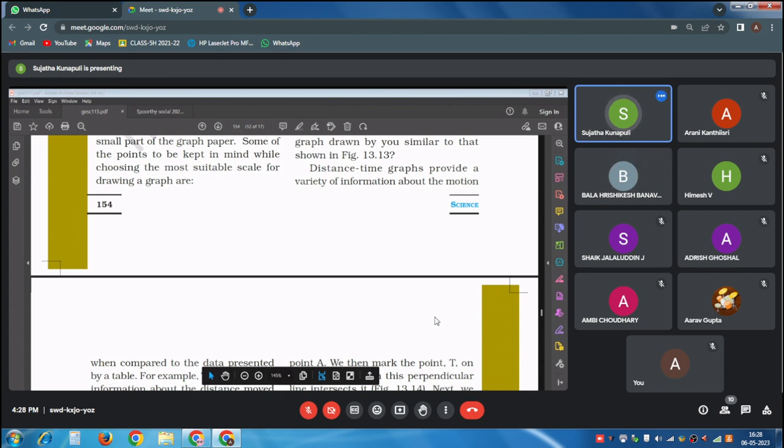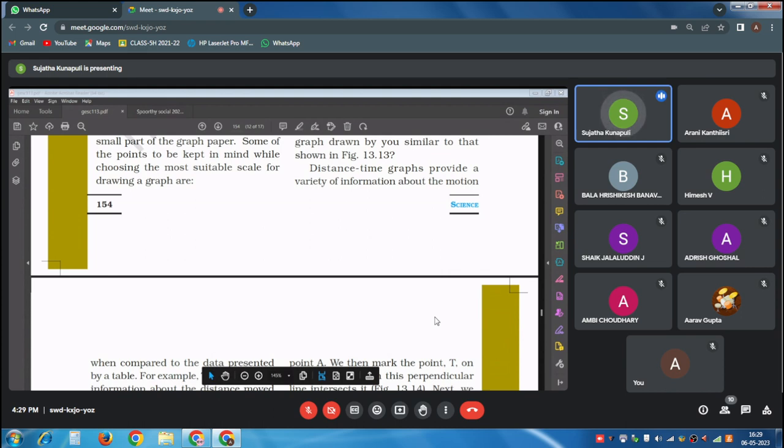Why, ma'am? Because some children have missed the class, right? Some children have missed acids, bases, and salts. How can we ask them to write the question answers for next week? I need to repeat that chapter again. So for acids, bases, and salts, and time and motion, for the time being I will just teach, but we will not write any test in these two chapters.